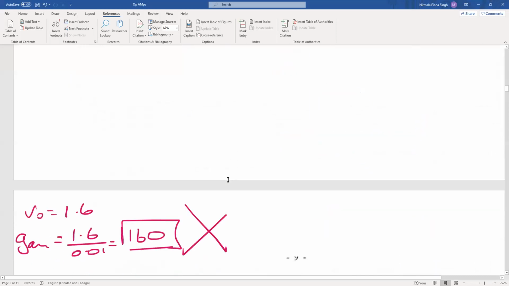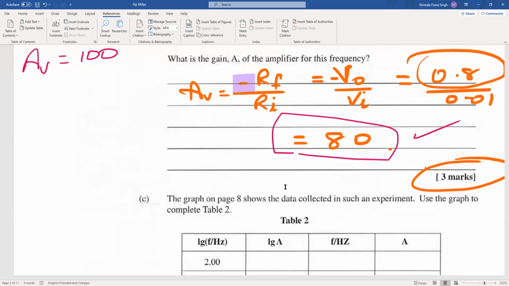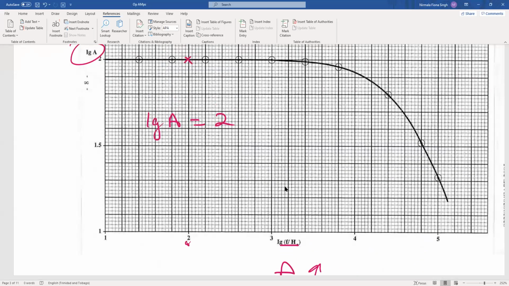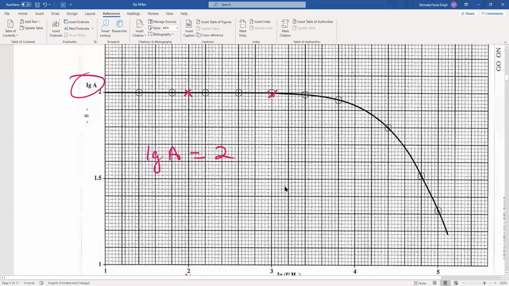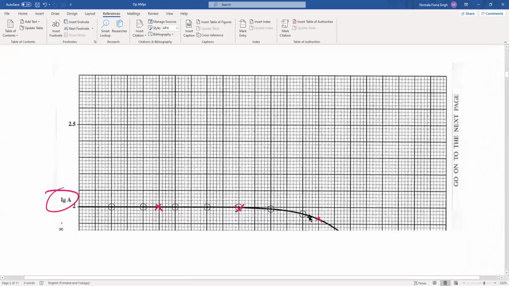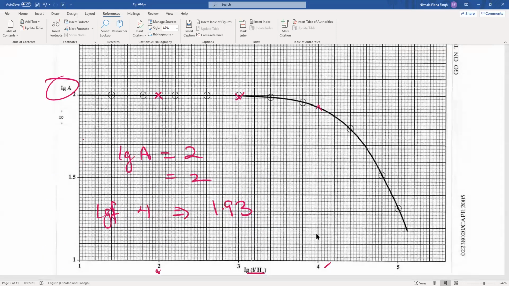Then they want us to find log of 3, which will also be 2. Log of 4 will give us 1.93, because you're reading across and you get 1.93.